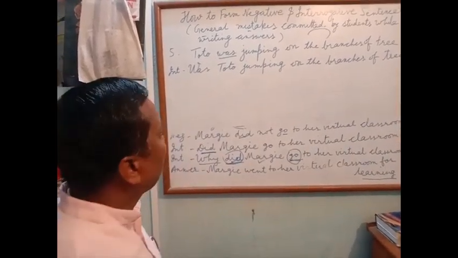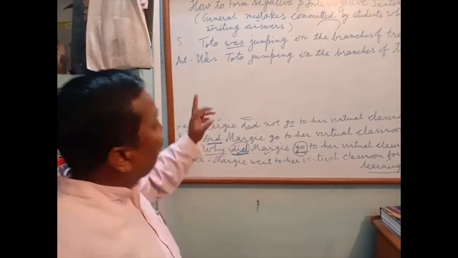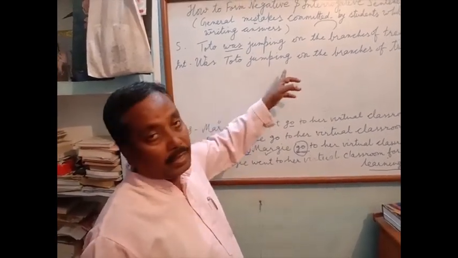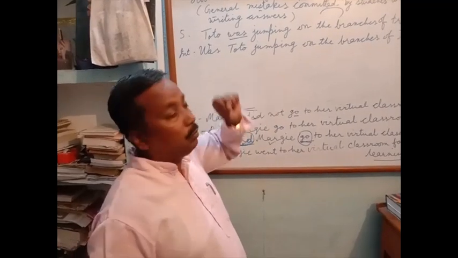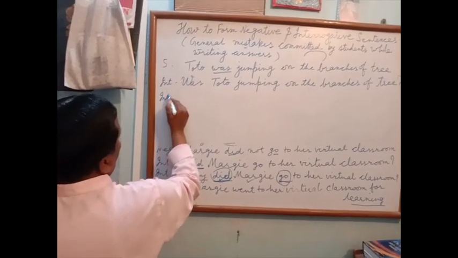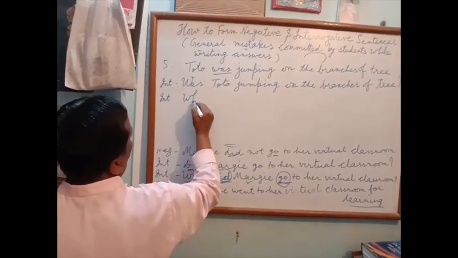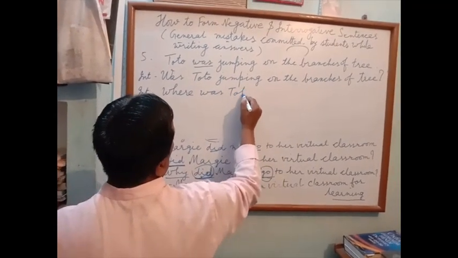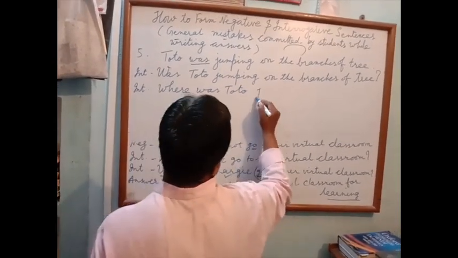Interrogative form. Now make this sentence with WH. Frame this sentence with the help of WH. The question is, where was Toto jumping?